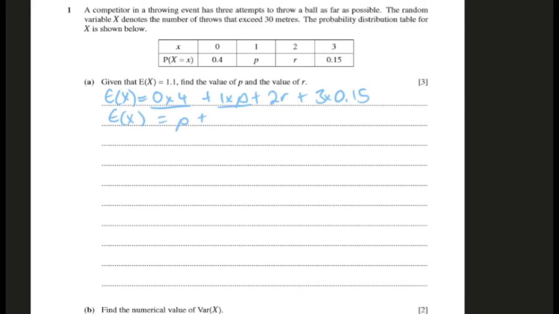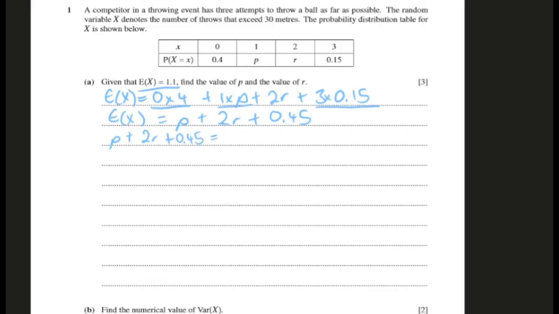And we're told that our expectation is equal to 1.1. So we know that p plus 2r plus 0.45 is equal to 1.1. And let's move the 0.45 to the right hand side.